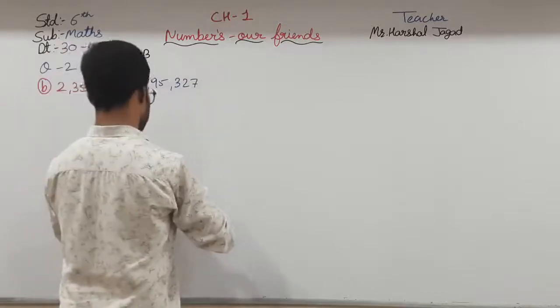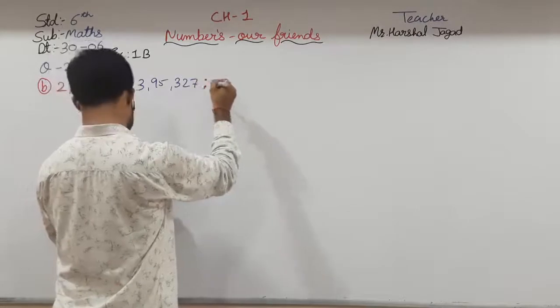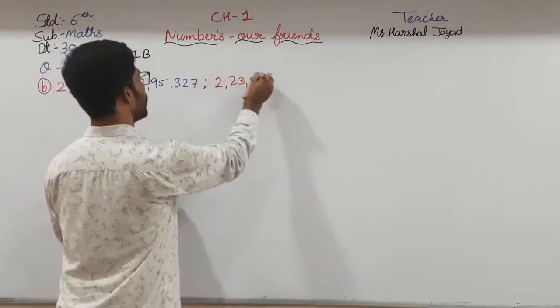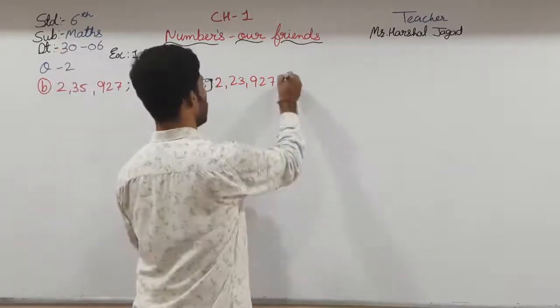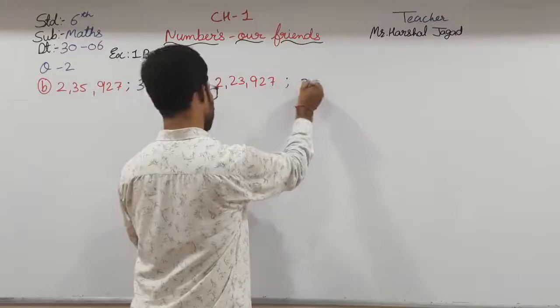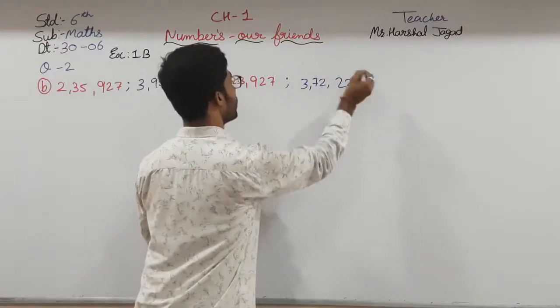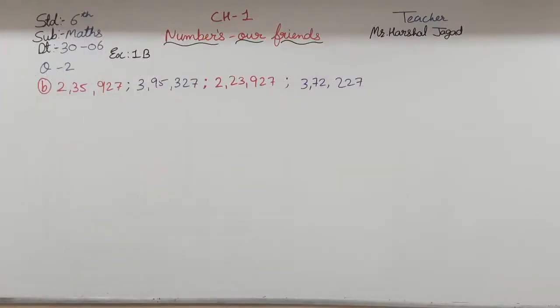Another number is 2 2 3 9 2 7. Then after, 3 7 2 2 2 7. Okay, so this is the first.